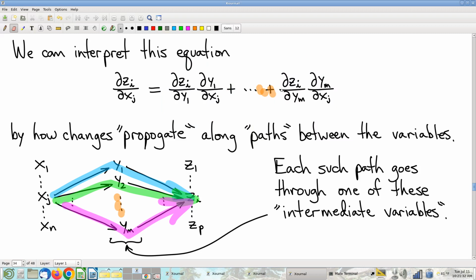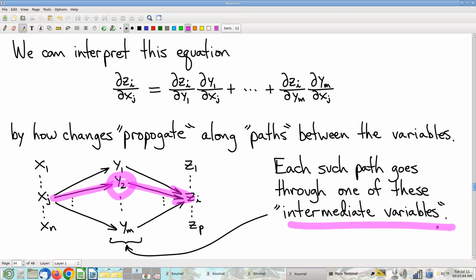Okay, and then now a real quick observation. Notice furthermore that each one of the paths goes by way of one of these, what we call intermediate variables. One of the variables that's in the middle. The output from the first elemental function, the input into the second function.